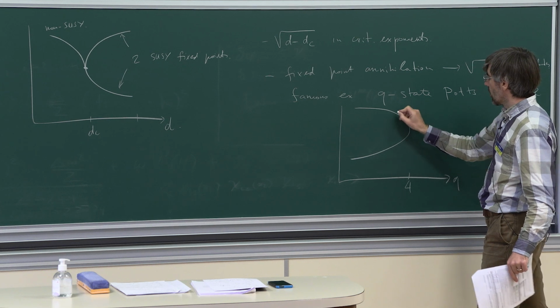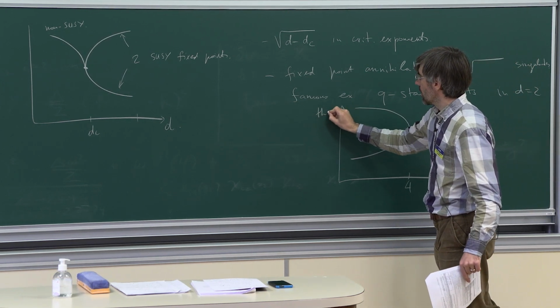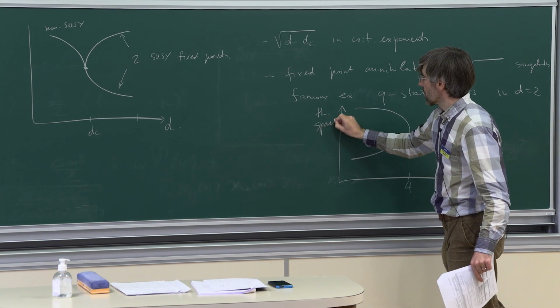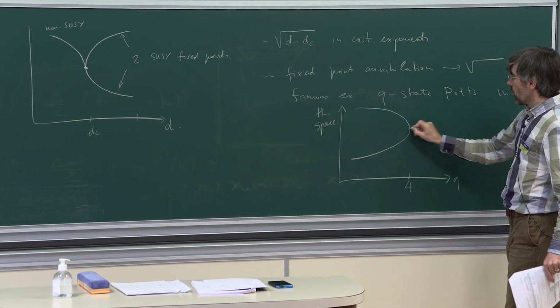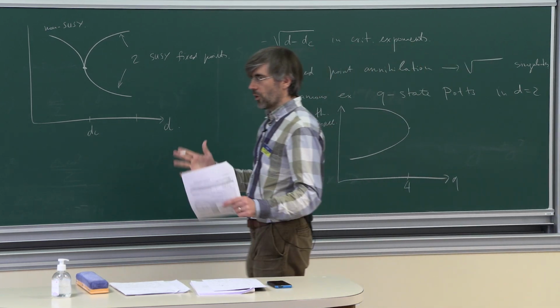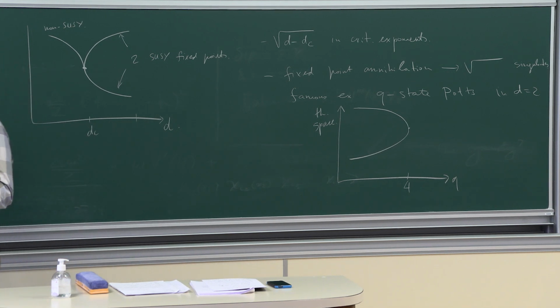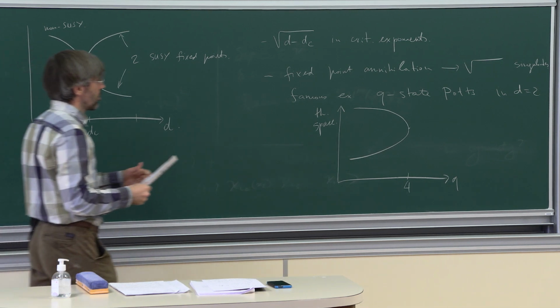One is the critical and one is the tricritical Potts model. So this is kind of theory space on the vertical axis. And then at Q equal to 4, these fixed points annihilate. This indeed can happen. So if you have 2 fixed points which have exactly the same symmetry and they meet, then they can annihilate and they can go to the complex plane. This happens for the Potts model.